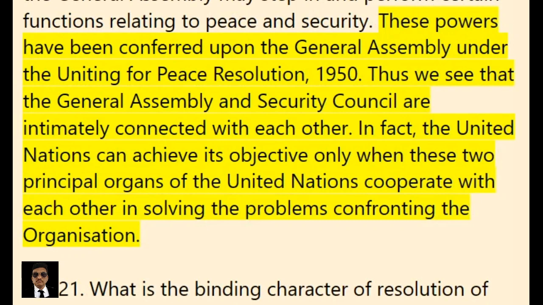Thus we see that the General Assembly and Security Council are intimately connected with each other. In fact, the United Nations can achieve its objective only when these two principal organs cooperate with each other in solving the problems confronting the organization.